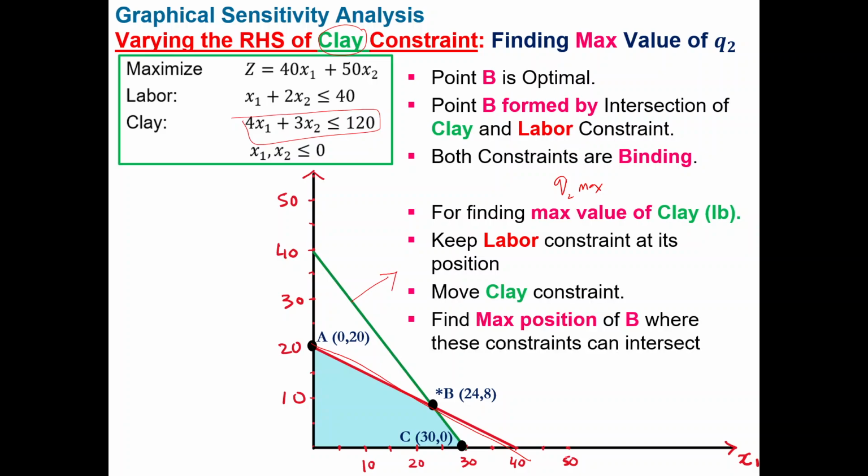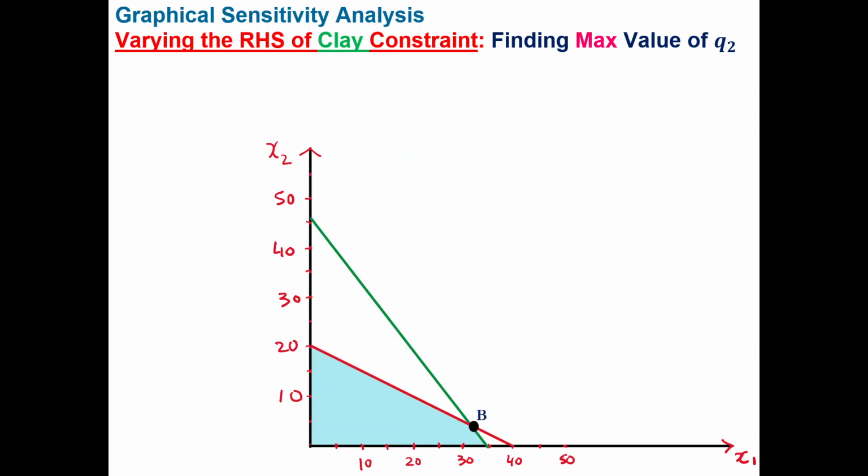So we find the maximum position of B where these constraints can intersect, and as I mentioned earlier, when I move the clay constraint away from the origin, this feasible region will change, as you can see here. So you see that this is a different feasible region.